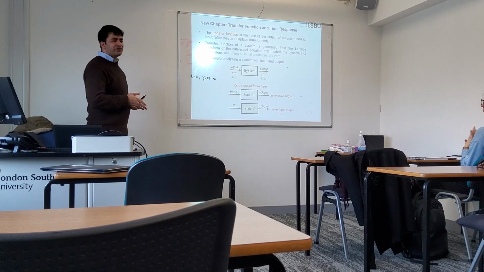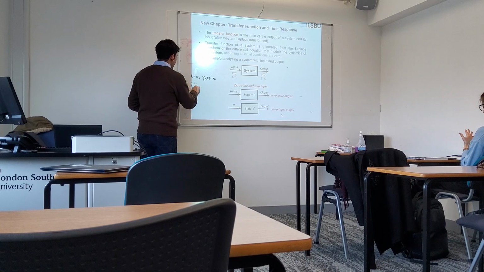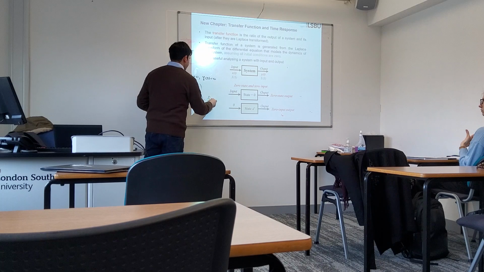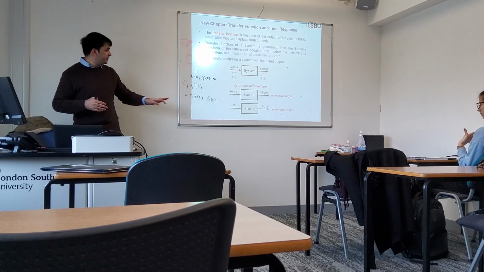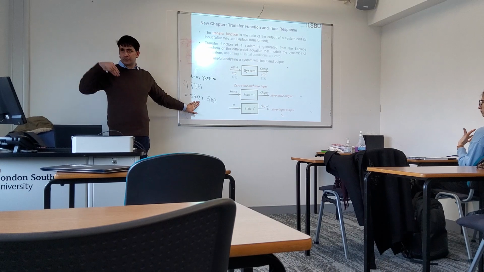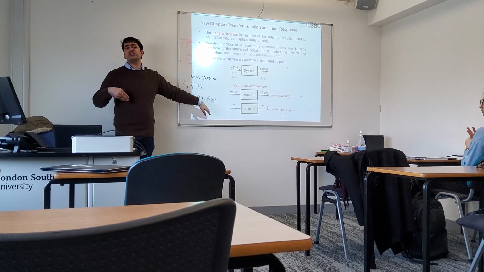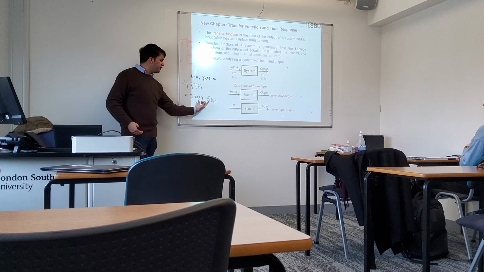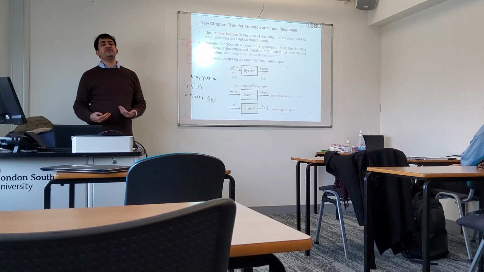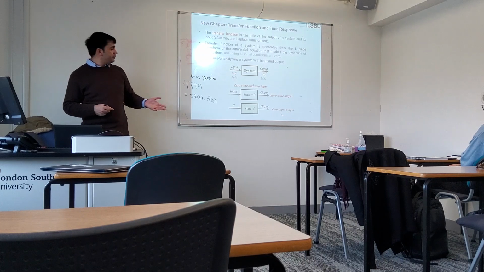But if you remember, the Laplace transform of f prime of t was sF(s) minus f(0). When we find the Laplace transform of a derivative, it means s times the Laplace transform of the original function minus f(0), which was the time function at time t equals 0. So in this case, you have F(s) and also the function value at time t equals 0, which is indirectly an initial state.